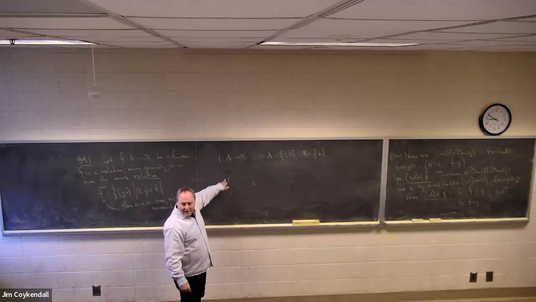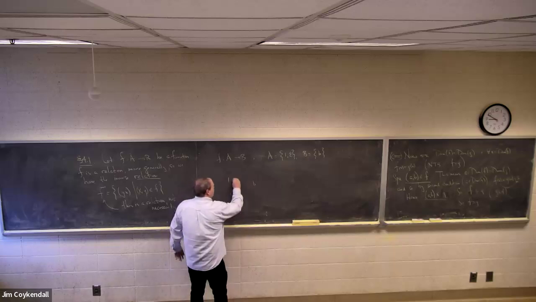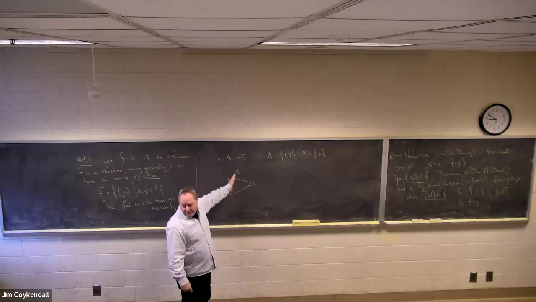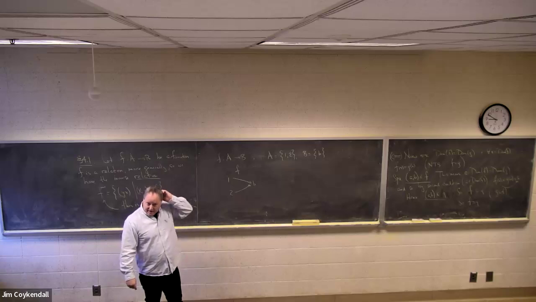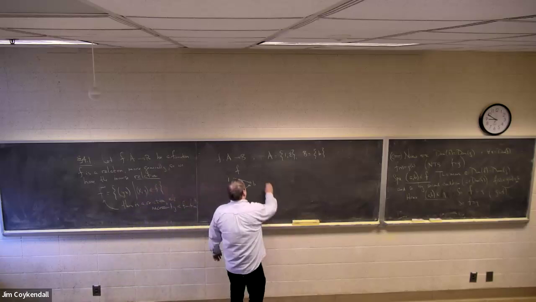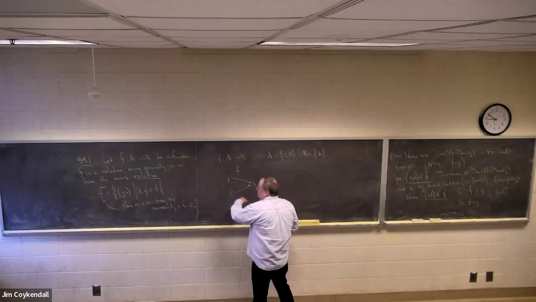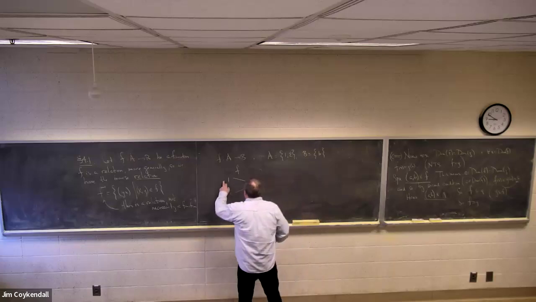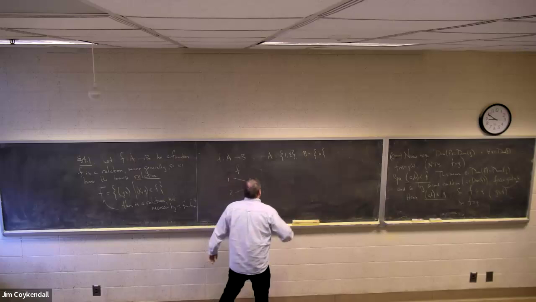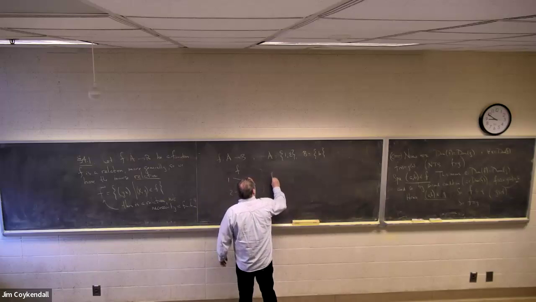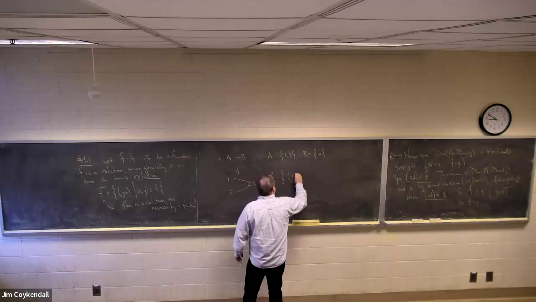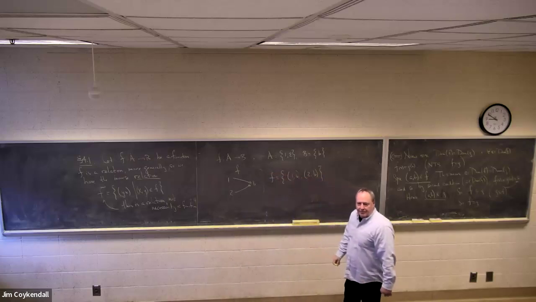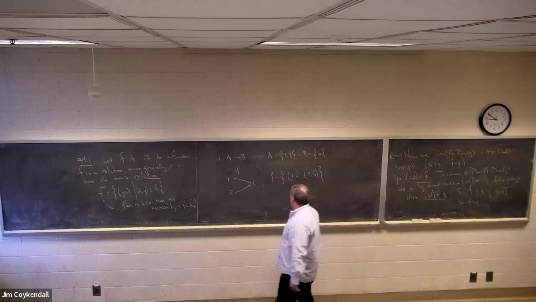The domain has to consist of 1 and 2, and each has got to go somewhere. So this is really the only function, isn't it? Because the domain has to be all of this, and you're forced to send everything to B. So if I were to write this in relation terms, this is a function because it has to be, right? Nothing can go to more than one thing. So the function is actually equal to this subset. Everybody agree with that? What is the inverse relation?